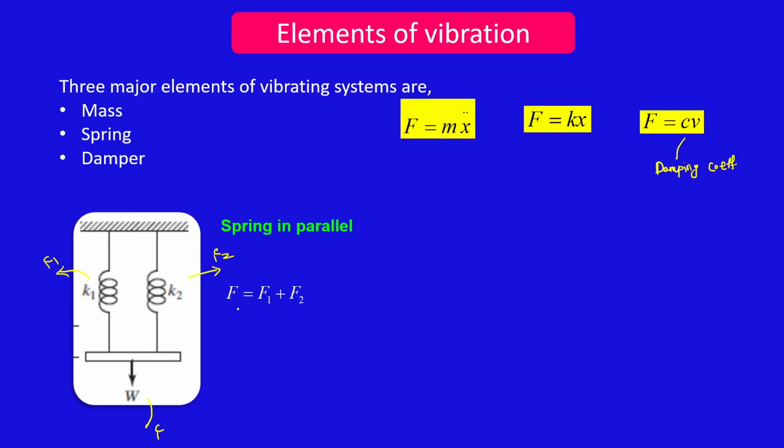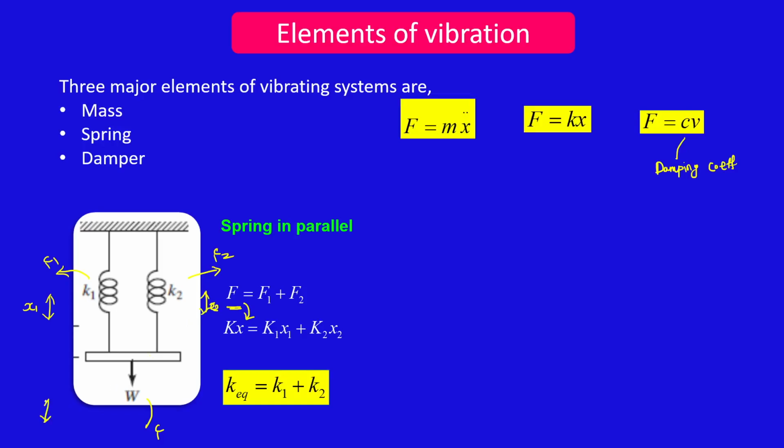Here we know that F is equal to Kx. I can rewrite this equation as Kx equal to K1 x1 plus K2 x2. Here K is nothing but the equivalent value of stiffness. The displacement is constant. If spring 1 displaces x1 amount, spring 2 will also deform by the same amount.